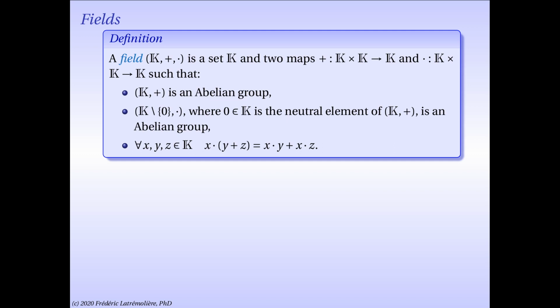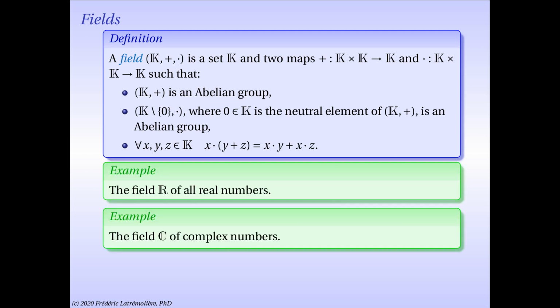In addition, there is a connection between the addition and multiplication besides the one already listed here, and that is distributivity. For all x, y, and z in your field, x times (y plus z) is x times y plus x times z. So this is a field. It has two operations, and they're related by distributivity, and they give you groups.